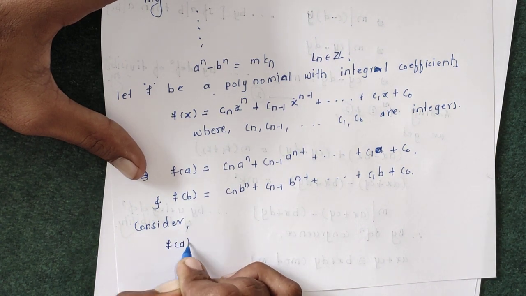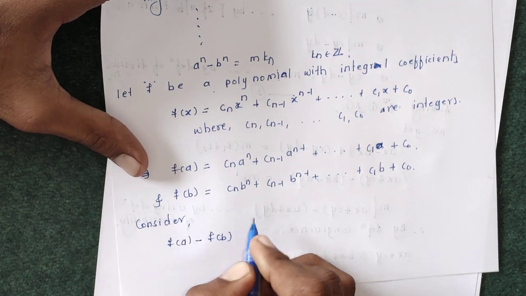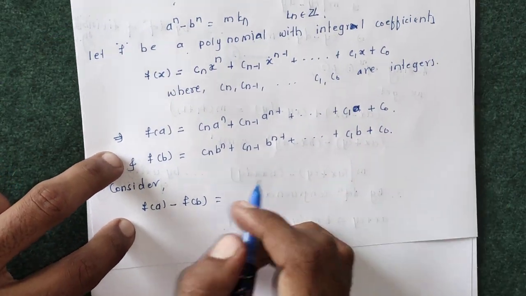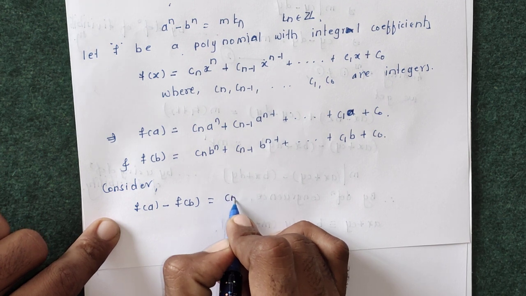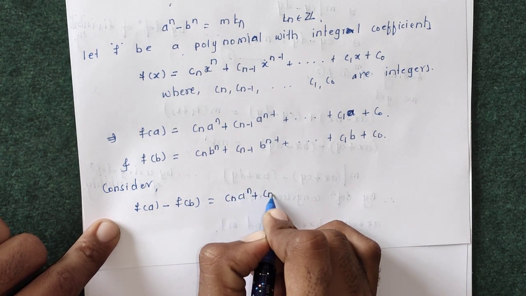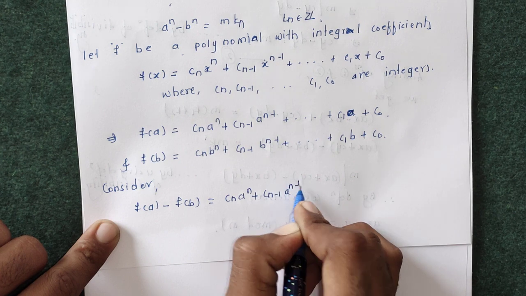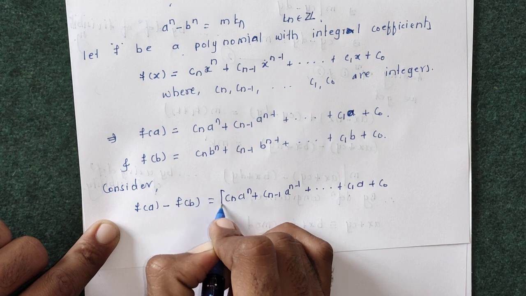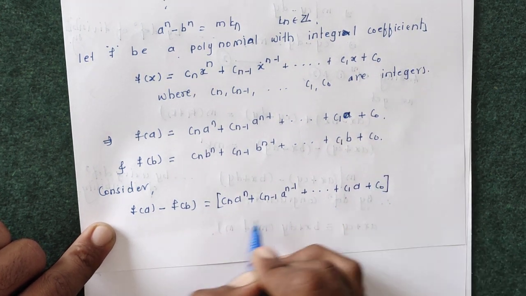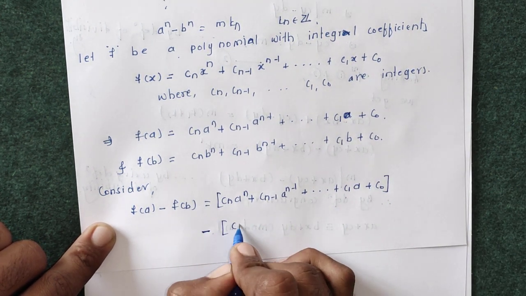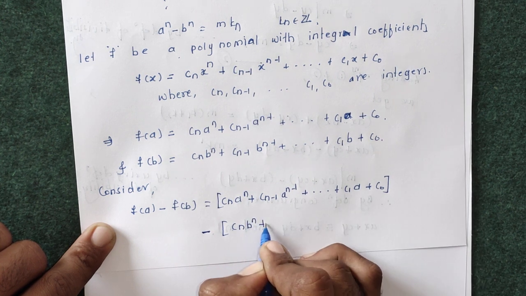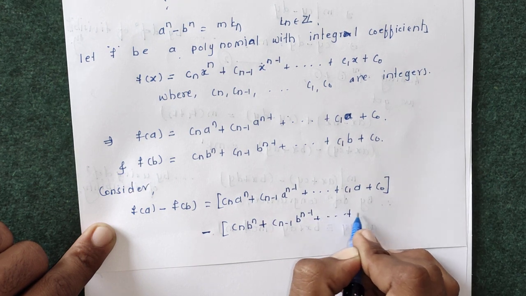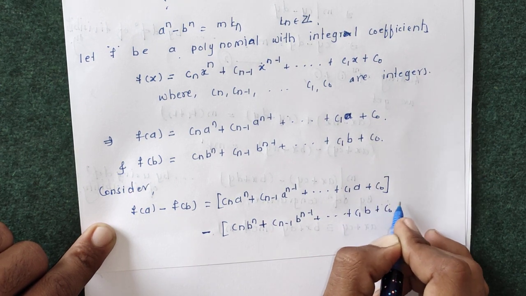f of a minus f of b. Taking this difference, that is the subtraction, we can write cn a raised to n plus cn minus 1 a raised to n minus 1 plus up to c1 into a plus c naught, minus f of b, which is cn b raised to n plus cn minus 1 b raised to n minus 1 plus up to c1 into b plus c naught.